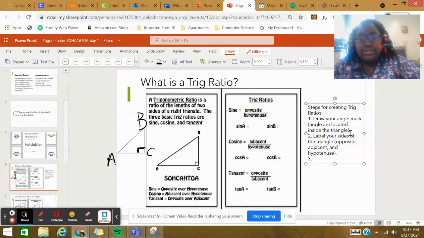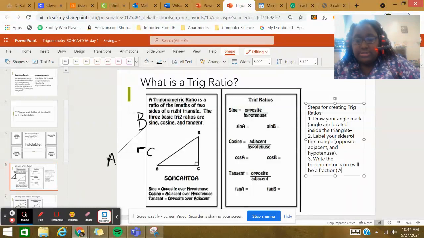And then step three will be, once you have drawn your angle mark and labeled the sides of the triangle, you're going to then write the trigonometric ratio. And remember that this will be a fraction. And always, I'm going to put this in caps, always simplify.